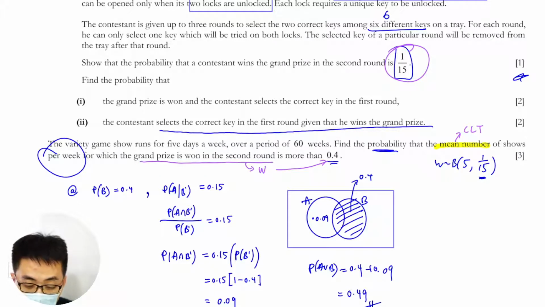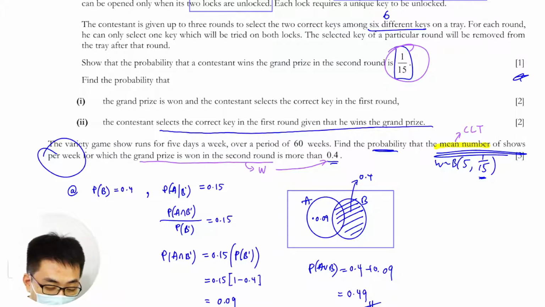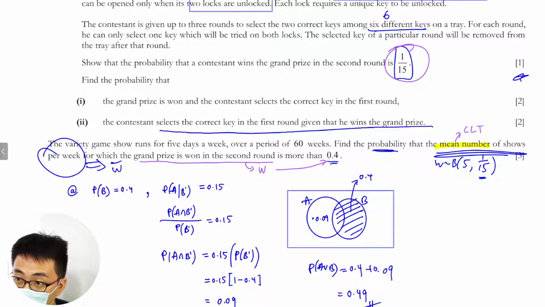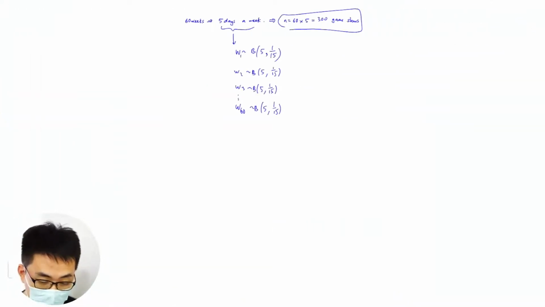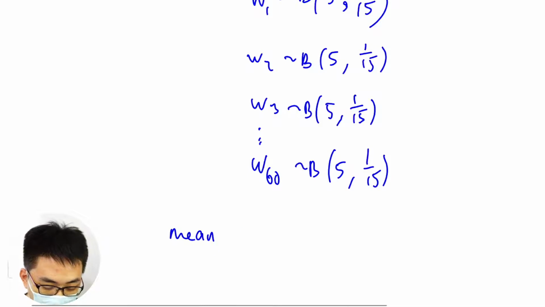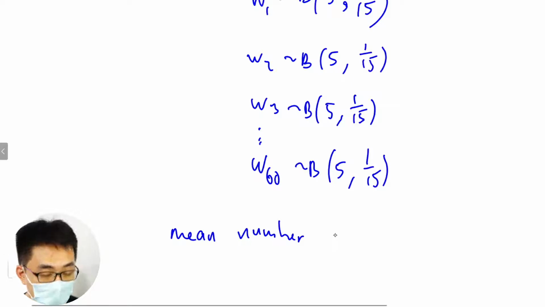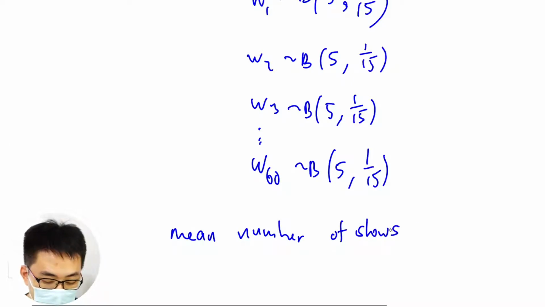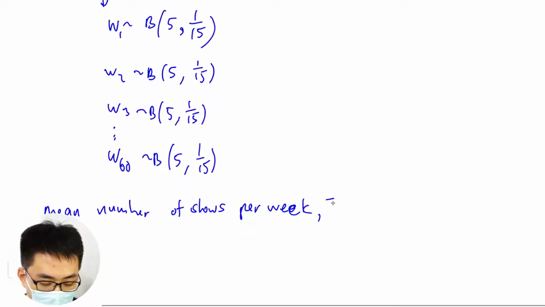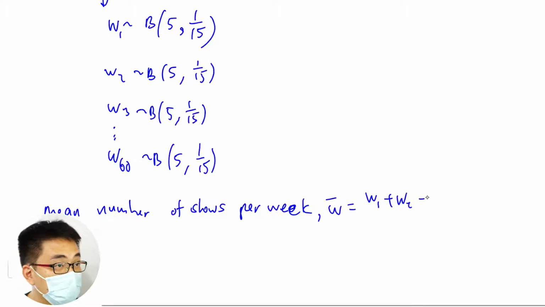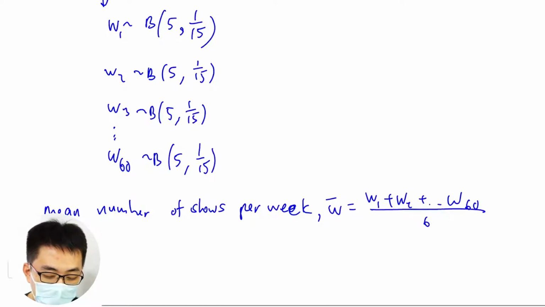What I want is the probability of the mean number of shows per week, which refers to bar W. The mean number of shows per week would then be bar W, which is week 1 plus week 2, all the way to week 60, over 60.